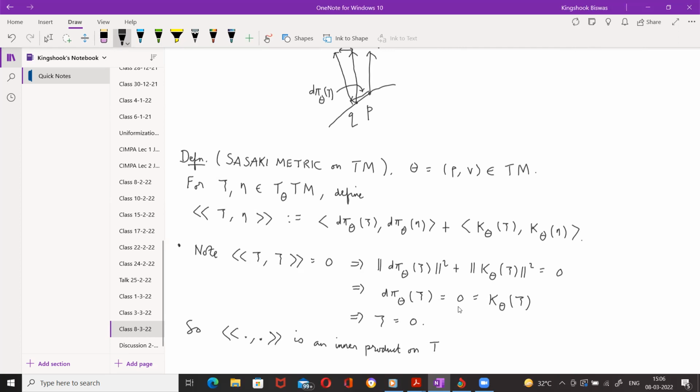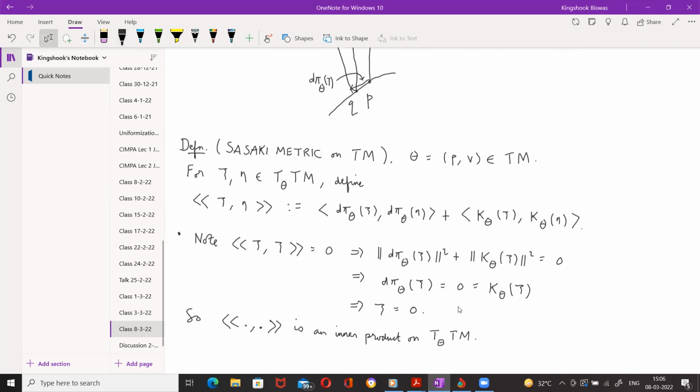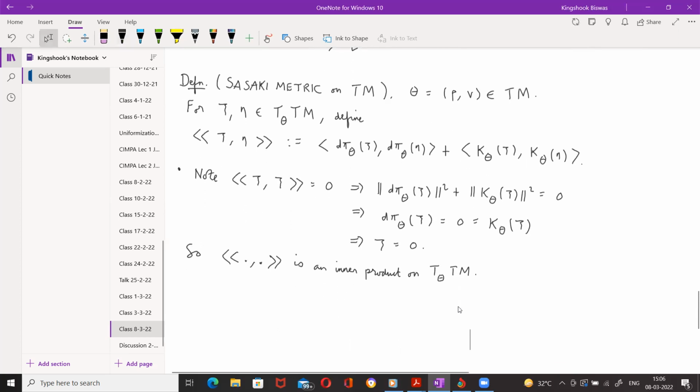And using this inner product now, it's easy to see that, for example, if let's say xi is vertical and eta is horizontal, right? Then this inner product will be 0, right? Because if xi is vertical, d pi theta of xi will become 0. So the first term vanishes.